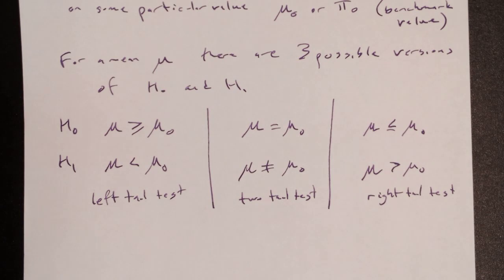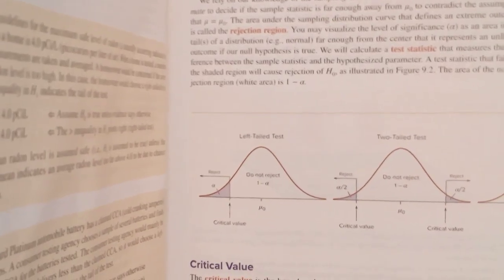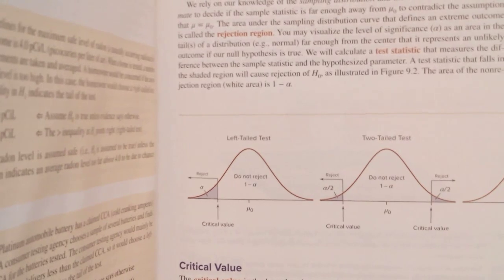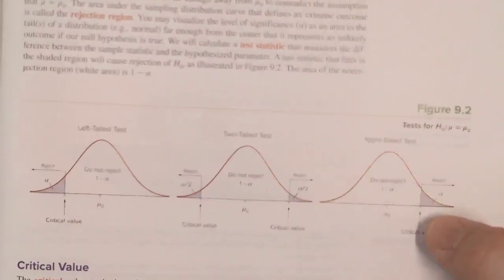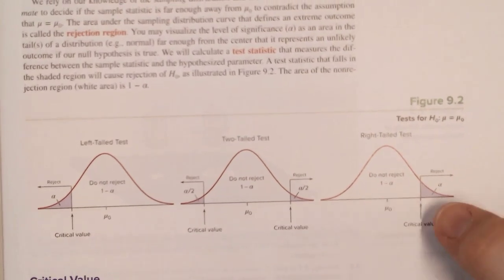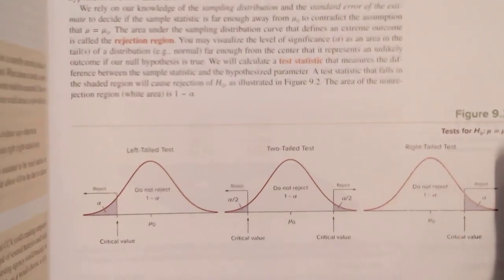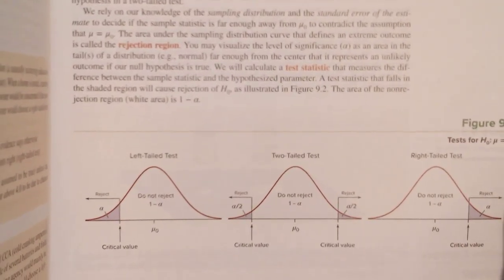So I'm asking, what's the chance I'm down far away? And if I'm down far away, then I should be in this picture on the left of my curve. If I'm asking about being up on the right, oh, my average is bigger than mu zero. But in the middle, it's just not equal to, right? So it's split in both directions.